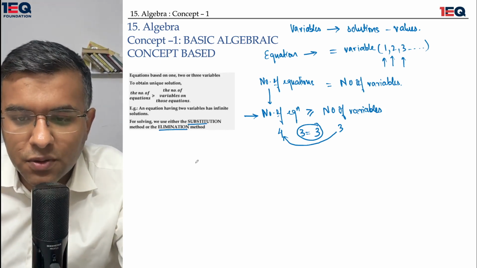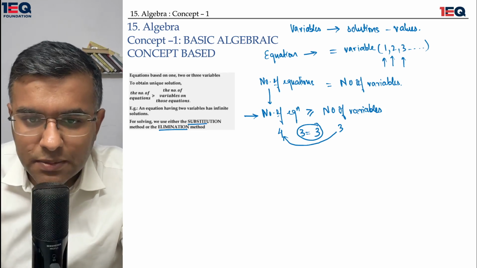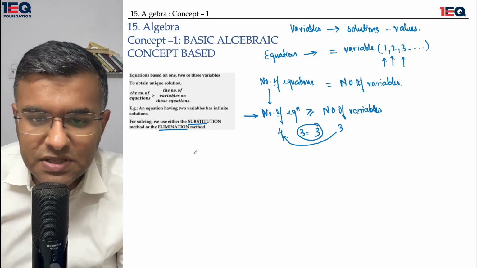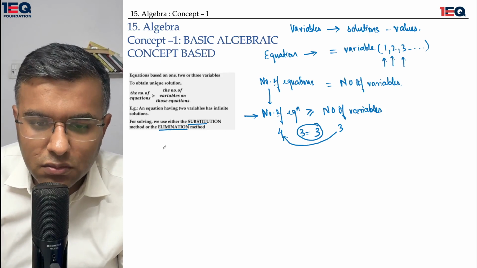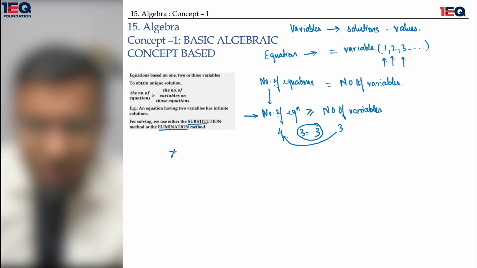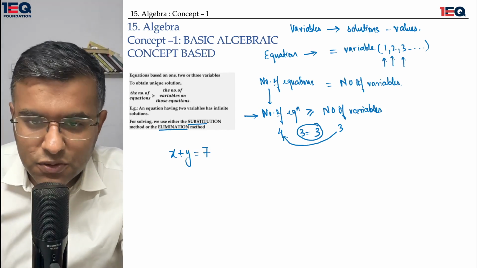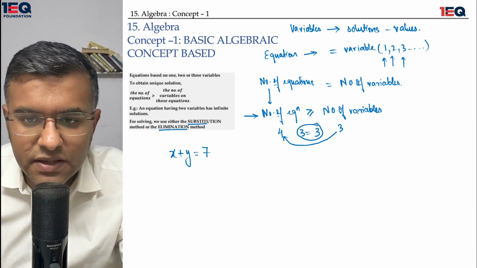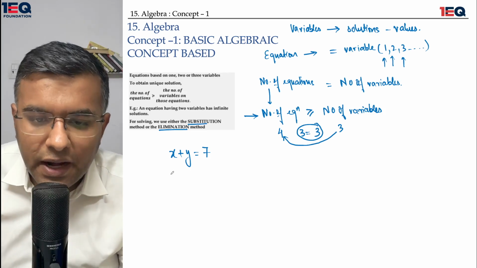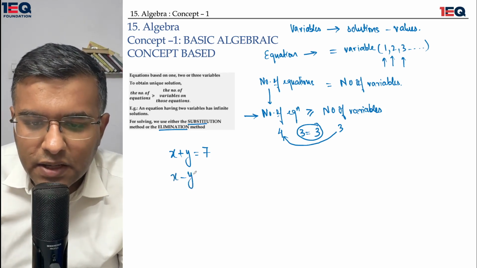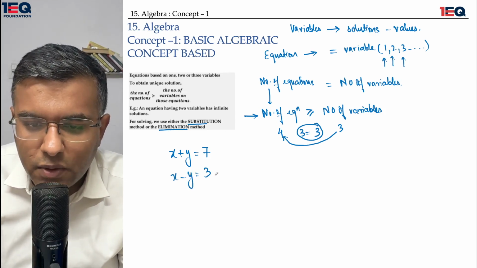In the concept of substitution, I'll just show you two equations. Let's assume that the value of x plus y is equal to 7 and the value of x minus y is equal to 3.